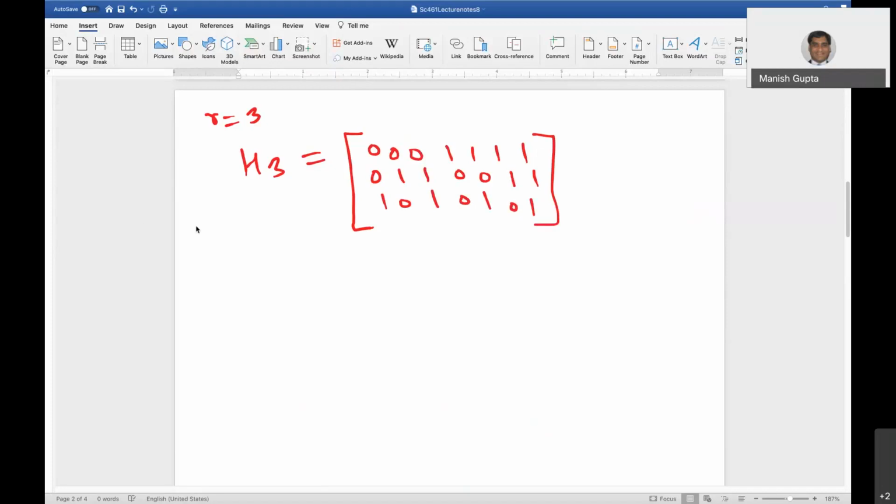Okay, so this is our H3. You can see that we have written all the 7 columns.